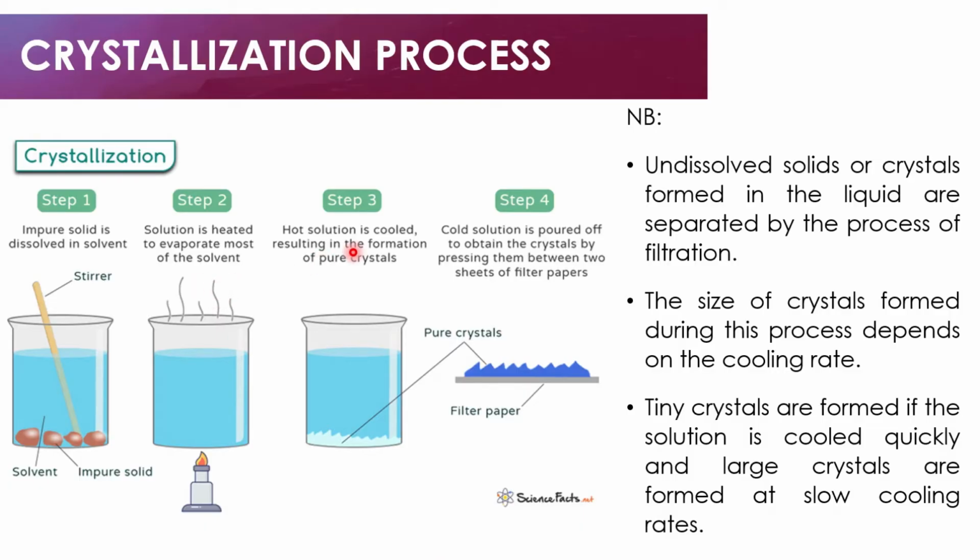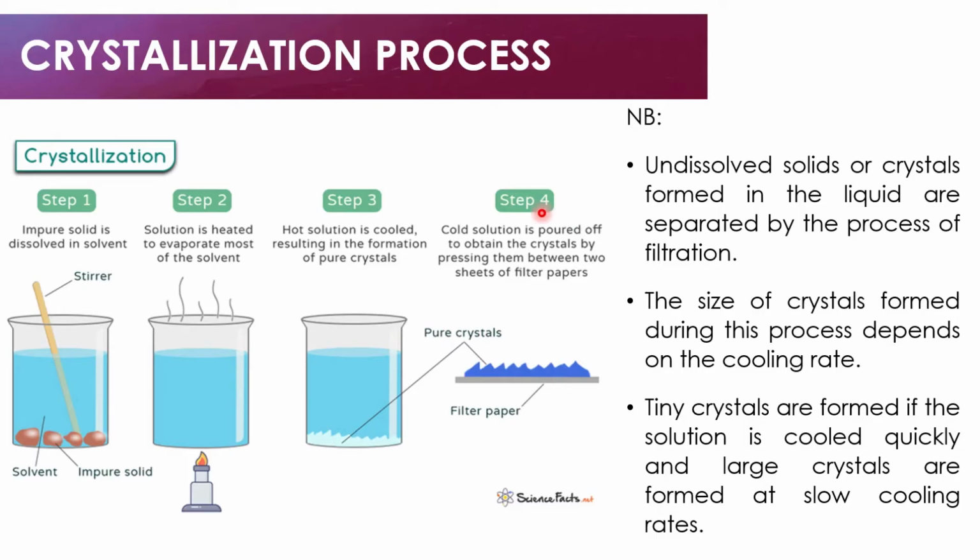The third step is that the hot solution is allowed to cool, resulting in the formation of pure crystals. So we cool the hot solution, and this helps in the formation of pure crystals. As we can see at the bottom of the beaker, these are our pure crystals formed after allowing the hot solution to cool.